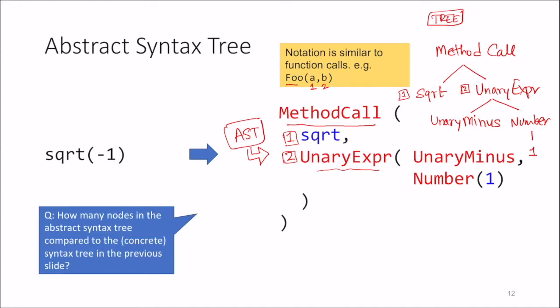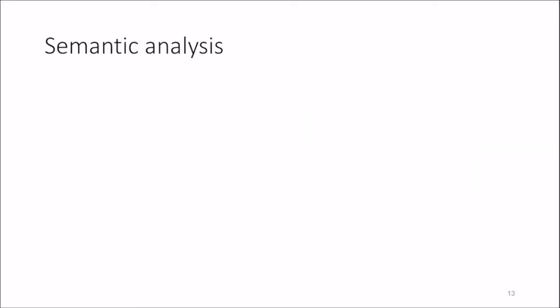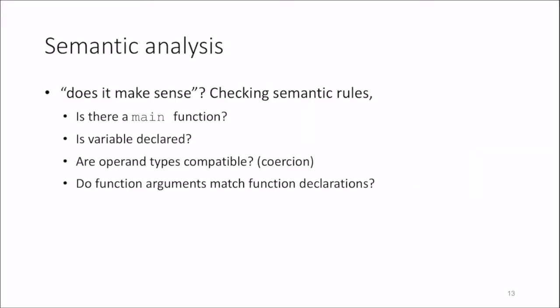In order to appreciate why it's called abstract, I want you to answer the question, how many nodes can you count in this abstract syntax tree compared to the concrete syntax tree from the previous slide? And in that comparison, I want you to focus on what was removed when we went to an abstract syntax tree. The next stage is semantic analysis.